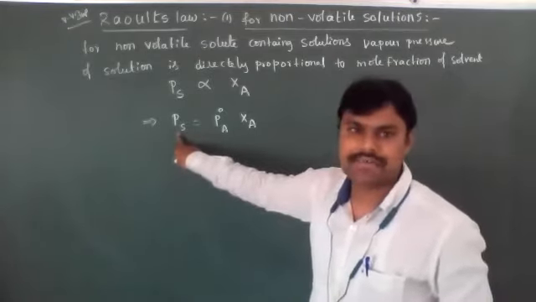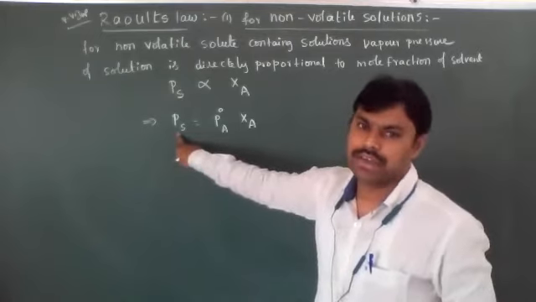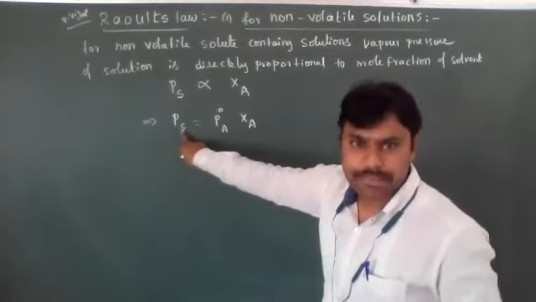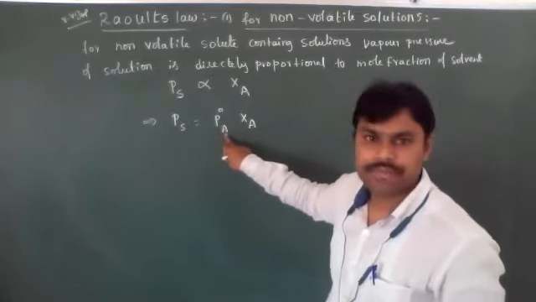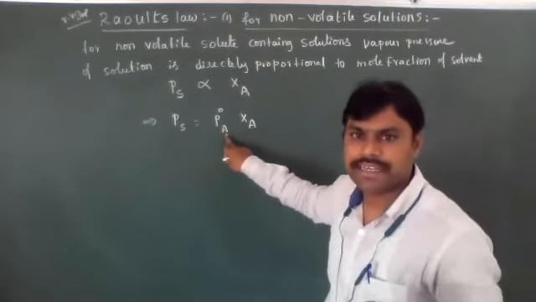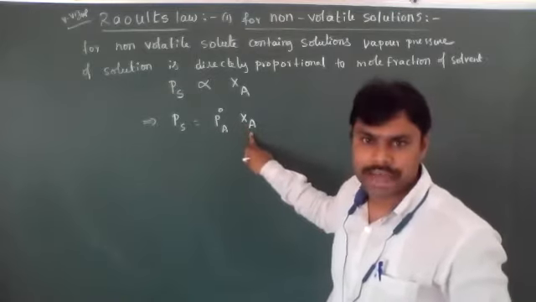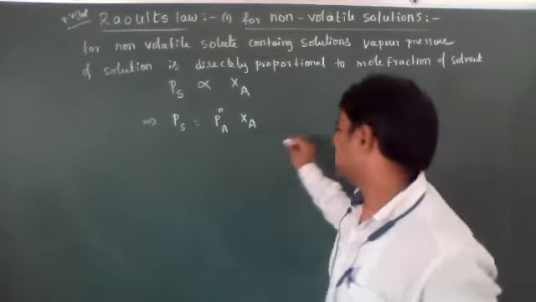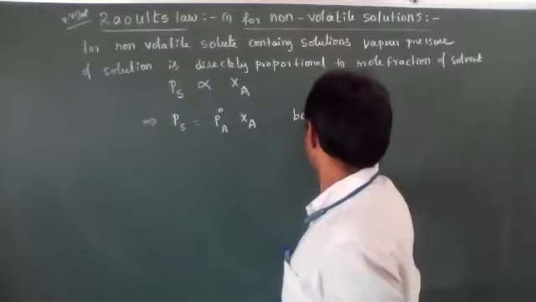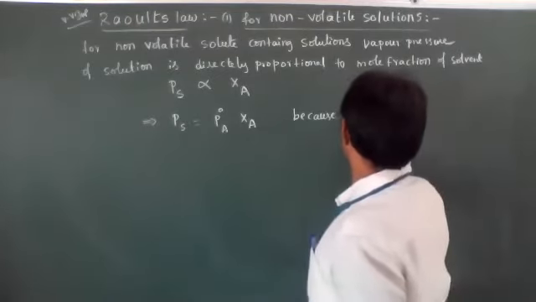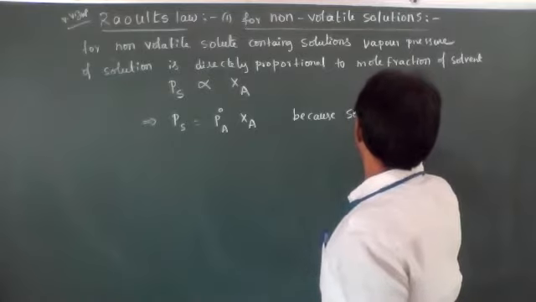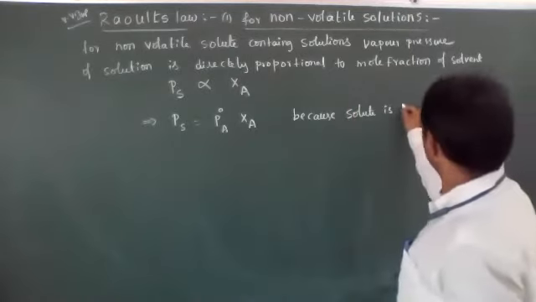So PS is the vapor pressure of solution. And why is the vapor pressure of solution equal to the product of the vapor pressure of solvent in pure state and the mole fraction of solvent? Because the solute is non-volatile.